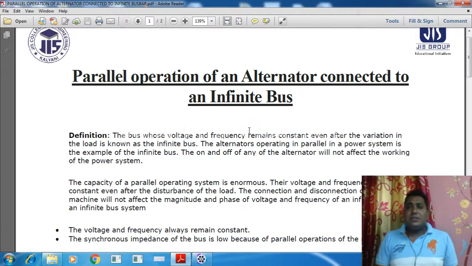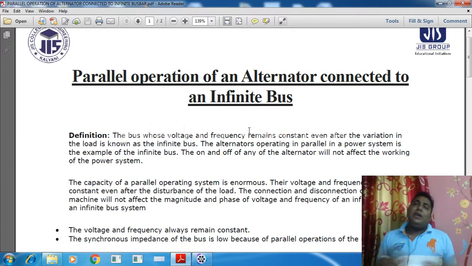Why? Because the distance between them is very high, so any switching on or off, fault, or other change in the system will not affect that alternator. That is a very important thing.